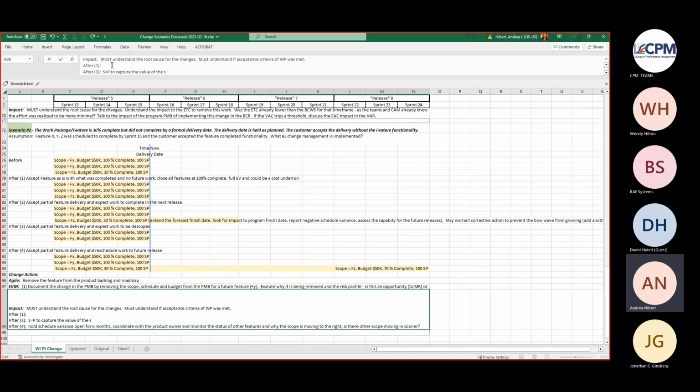Value, yeah, of the scope. And I'm hesitating because, is it being de-scoped off the contract? Is it being de-scoped off that particular feature because they're going to accomplish the scope a different way? Like, how many ways do we want to take this? Do we want to apply that word de-scope?